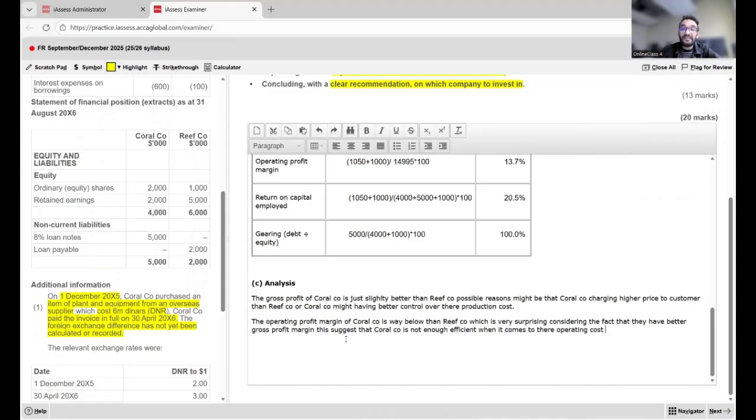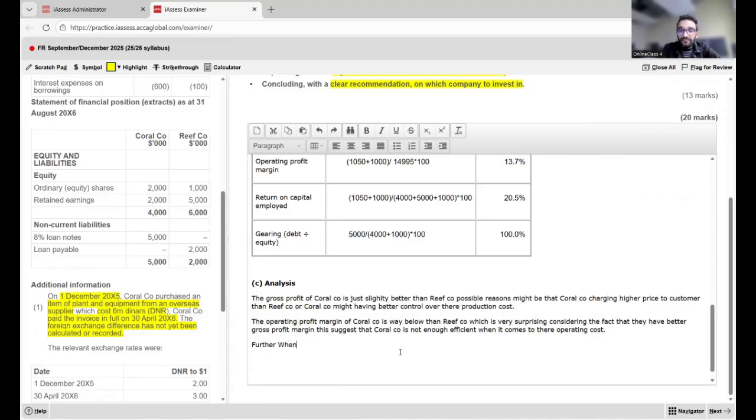There are chances that they do not have a better control. You can write any paragraph. The operating margin is way below, then it's very surprising. This suggests that they are not having a better control over their operating costs, or they are not efficient enough when it comes to their operating costs. Right?